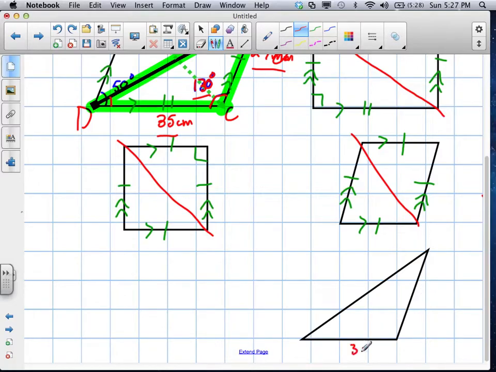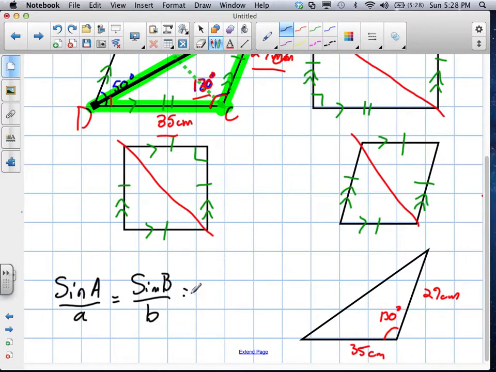This was 35, though it doesn't quite look it in the one I made. And this is 27, right? And that is 130 degrees. Sine law states that sine A divided by side A is equal to sine B divided by side B is equal to sine C divided by side C.